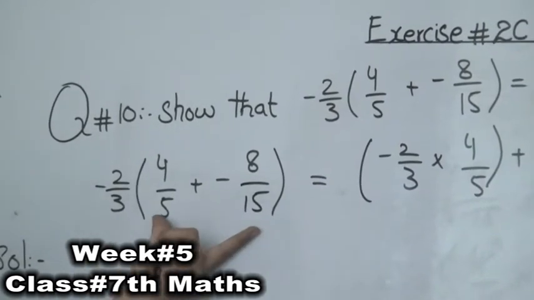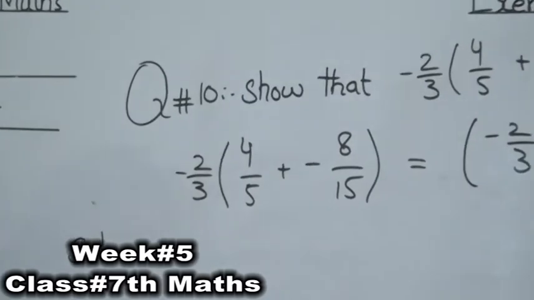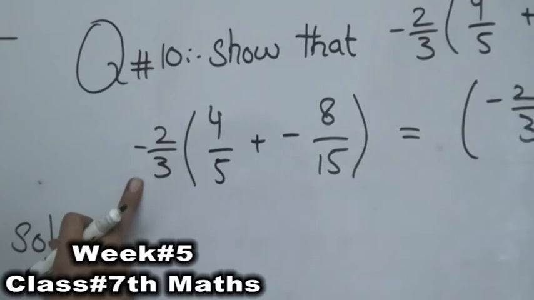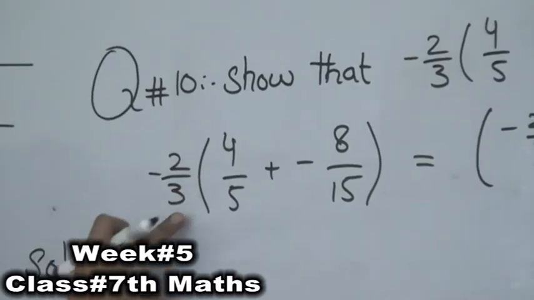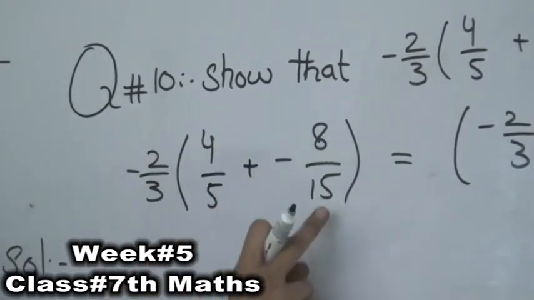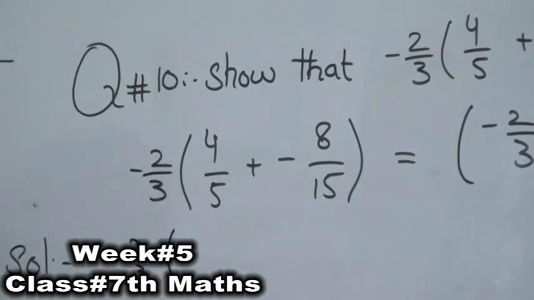Here again, when in a question there are brackets, we will solve the bracket first, then the answer will be multiplied by minus 2 by 3. Here there is no sign, which shows that minus 2 by 3 is going to be multiplied with 4 by 5 plus minus 8 by 15.